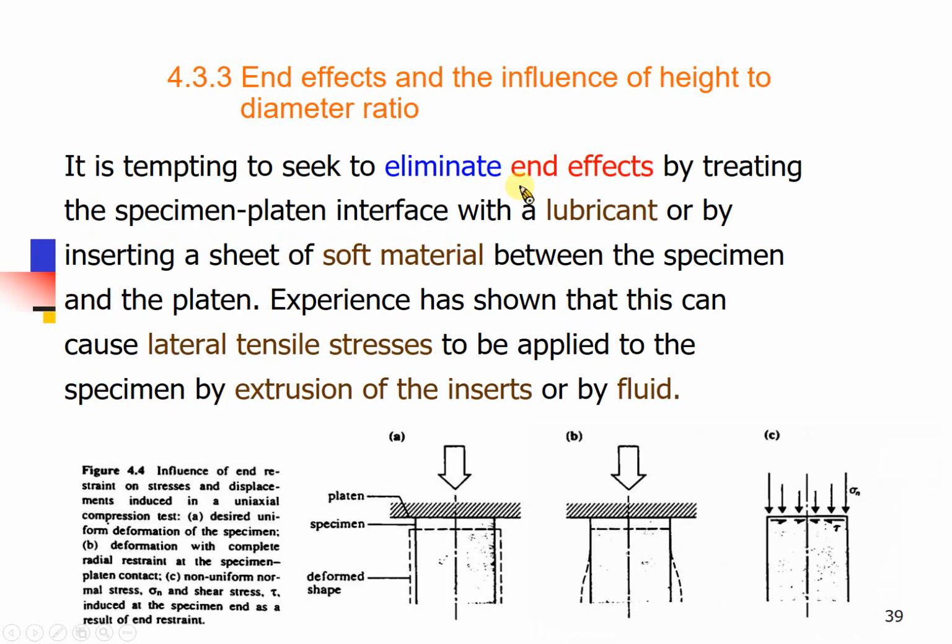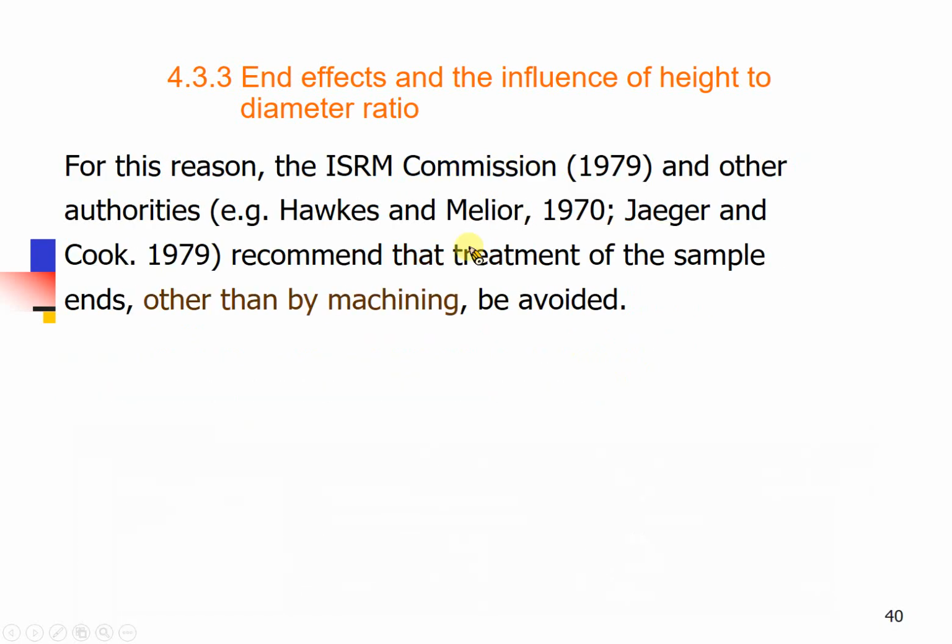Okay, so I already explained this to you. The end effect cannot be handled by trying to use lubricated or soft material between the specimen and the platen. Only the machine way will be the recommended way to minimize the end effect.